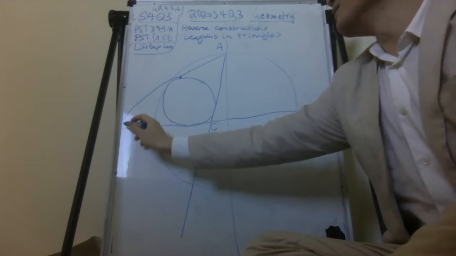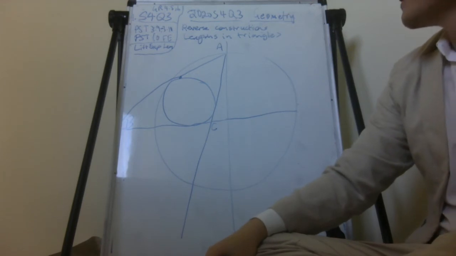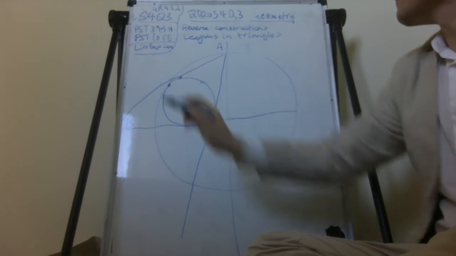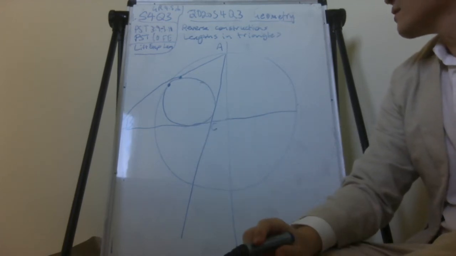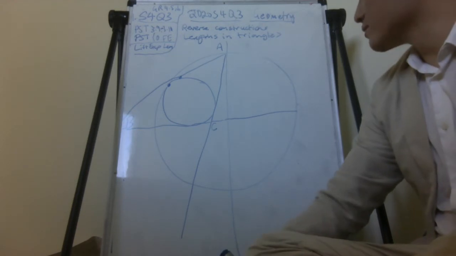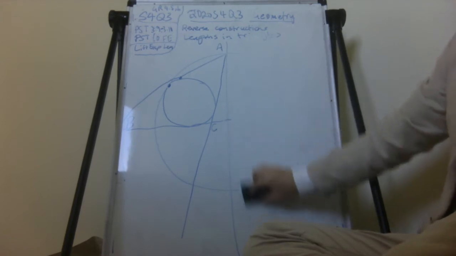We're not going to use this angle. There's a point of contact here. I guess we don't use this side of the diagram, so can I erase this?